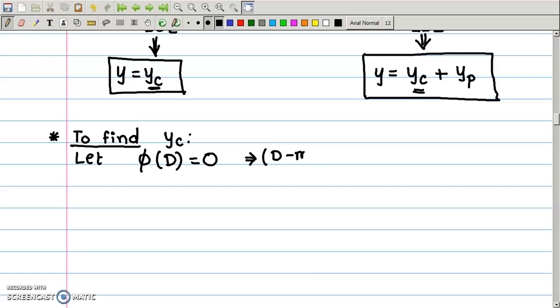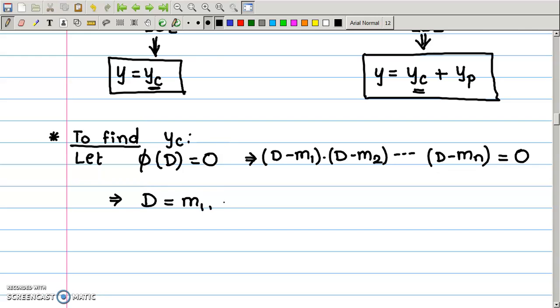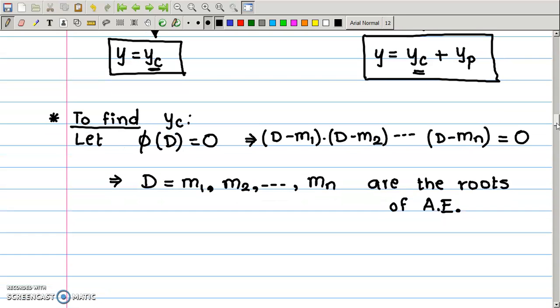Suppose those linear factors are D minus m1 into D minus m2 and so on up to D minus mn, for an n degree polynomial equated to 0. This implies D is equal to m1, m2, m3 up to mn. These are the roots of the auxiliary equation. So depending upon the nature of the roots, we can identify the complementary function.